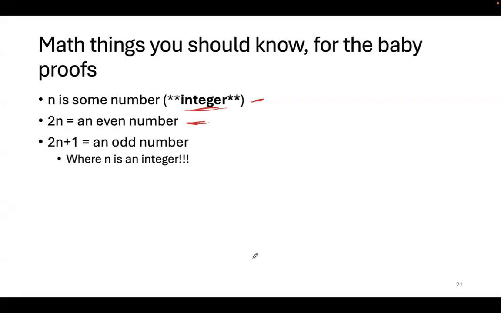Therefore, it's divisible by 2, and so it's even. But 2n plus 1 is an odd number. If you think about it, 2 is an even number, and then 3 is an odd number, but it's just an even number plus 1, right? Because we know odd numbers and even numbers alternate. That's just how they work. So when you see 2n plus 1, you know, oh, that's an odd number.